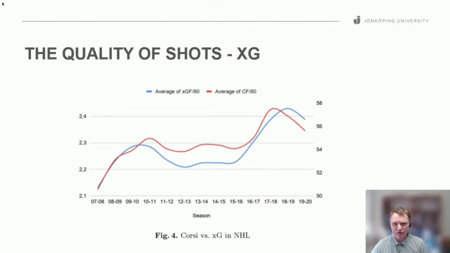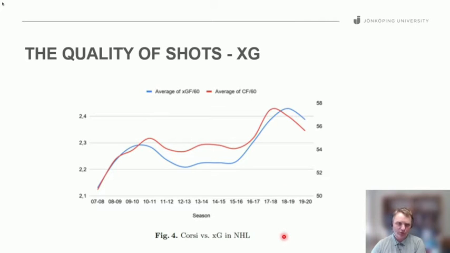We now introduce expected goals in the analysis. What we can see here is that the blue line represents the expected goals, and the red line is Corsi. We have more and more shots up to the 2010-11 season. After that, the quality of the shots actually decreases from 2011 to 2015 and then increases again.